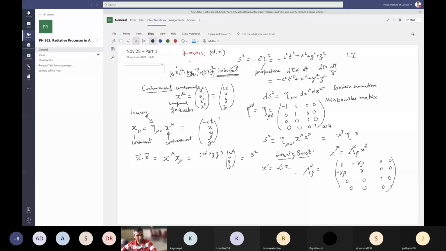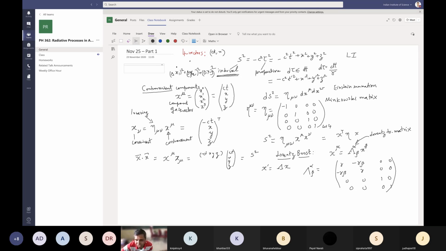This is the boost along the x direction, but in general you have this Lorentz transformation matrix. Basically, this is a matrix which satisfies the preservation of this s squared, right? This is just a special transform which corresponds to a Lorentz boost in the x direction, but you can consider it in an arbitrary direction.